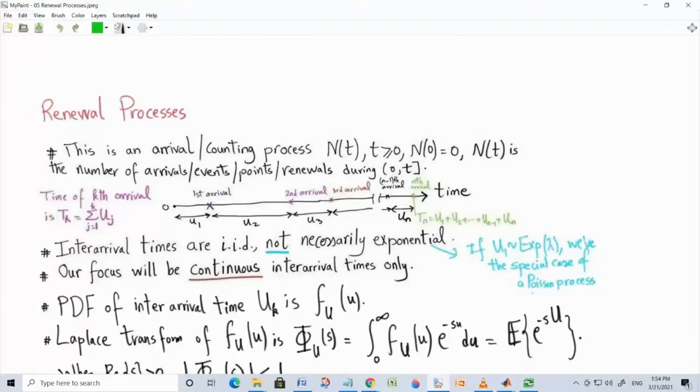Renewal processes. The focus here will be a one-dimensional renewal process, which is a special case of a so-called counting process or arrival process. We have a process N of t, which is a non-negative integer.